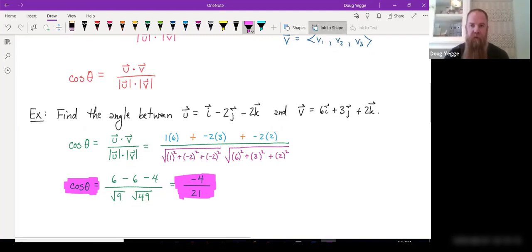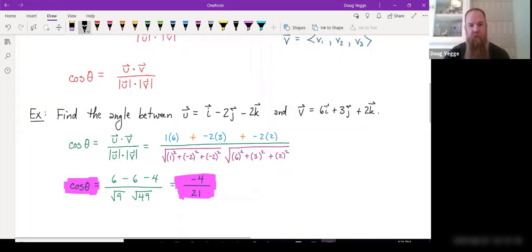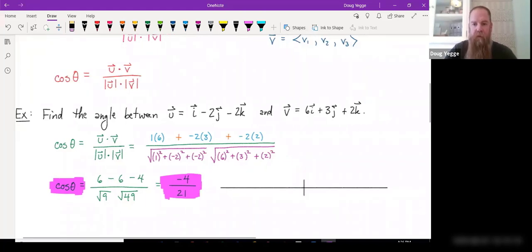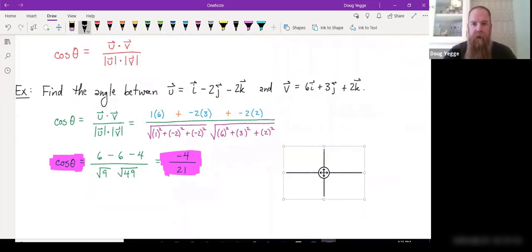So looking at a diagram here, if we were to take a look at a graph, keep in mind that an angle in the first quadrant has a cosine value that's positive, while values in the second quadrant have a cosine value that's negative.